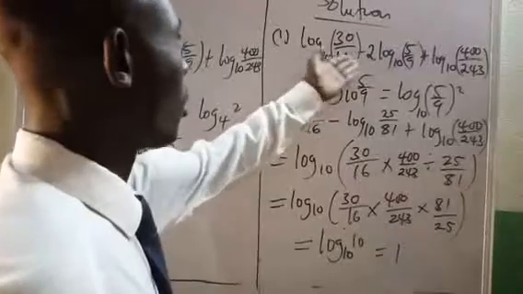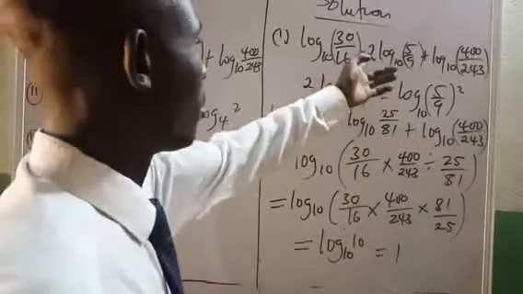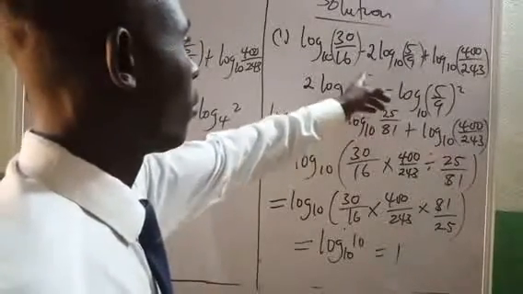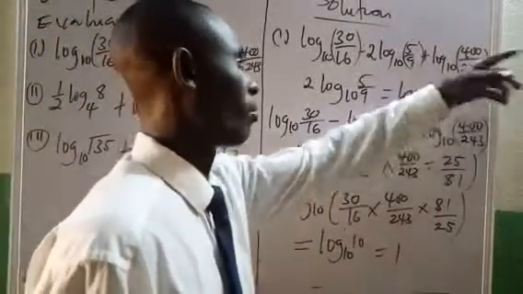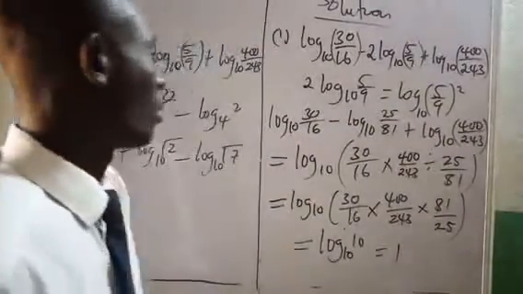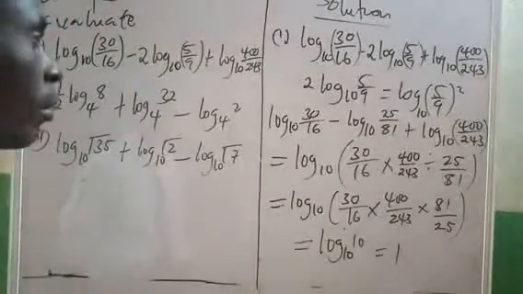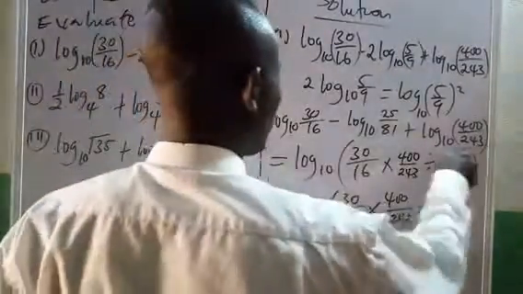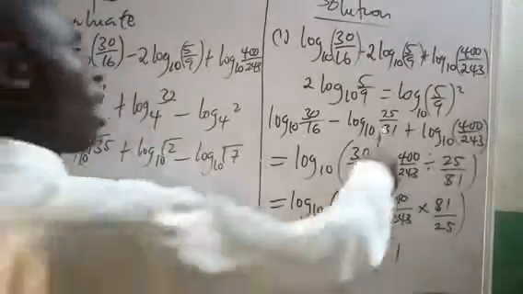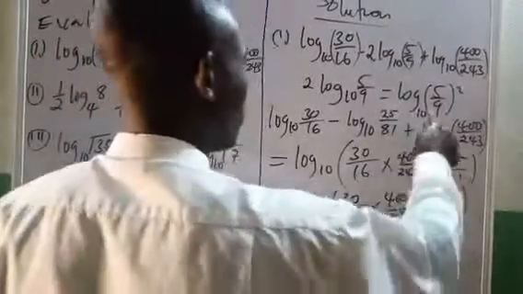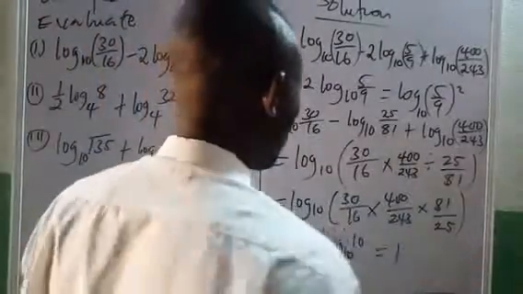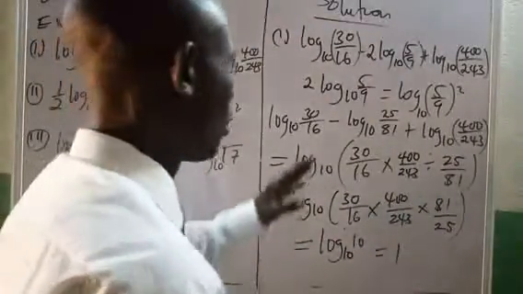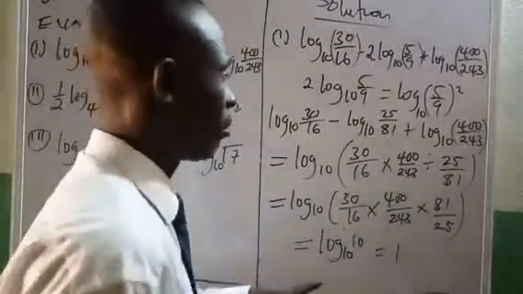So just quickly look at it again. I said 2 log 5 over 9 base 10 is the same thing as what? 5 over 9 raised to the power of 2. Then I rearrange the equation where I have 5 squared is 25, 9 squared is 81. So since they are in the same base, log 10, we use the first and second law.